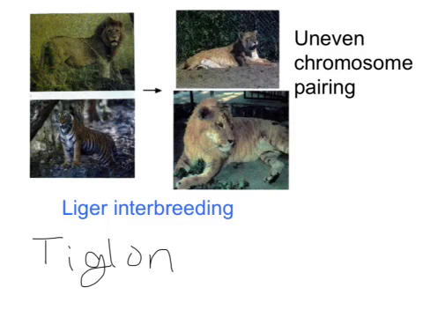Okay, and so there's an uneven chromosome number. For instance, let's say the tiger has 23 chromosomes and the lion has 25 chromosomes. Well, now we don't have pairs for all of those chromosomes, and that results in the offspring being sterile.